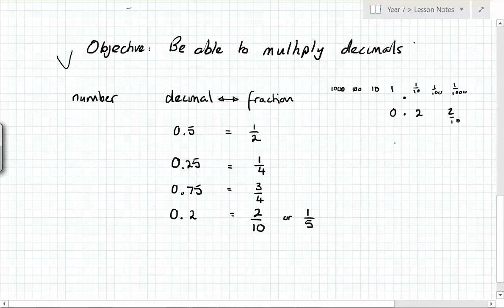If we've got 0.04, it's 4 hundredths. Now, those can be simplified. So 2 over 10 is the same as 1 over 5. Now, we know that 0.25 is a quarter, but 0.25 before it is simplified to a quarter is, any ideas? Yeah, well done. 25 over 100.